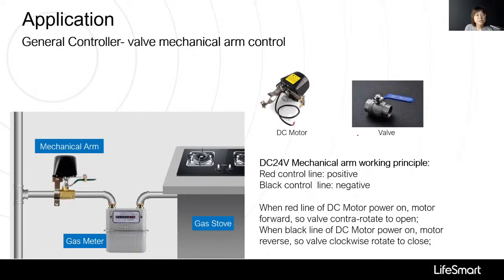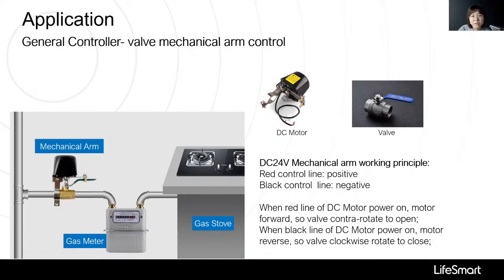So this is a valve mechanical arm, and it consists of a DC motor and a valve. How do we use it to control the gas door? I will introduce the motor working principle.